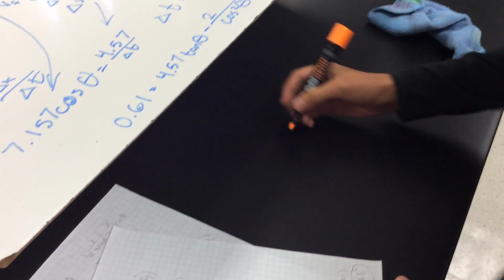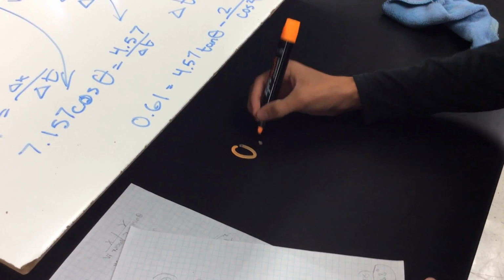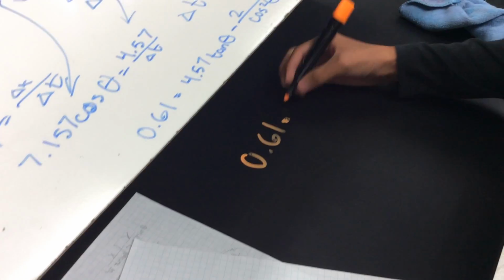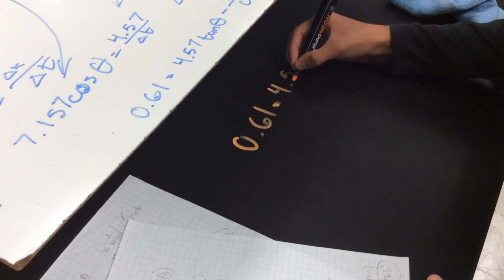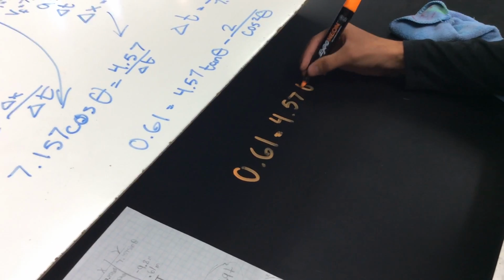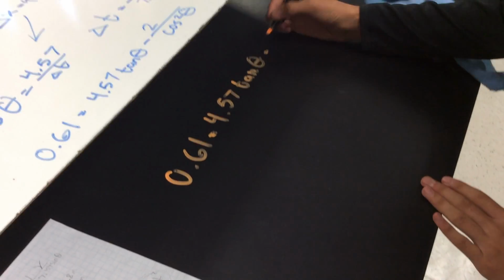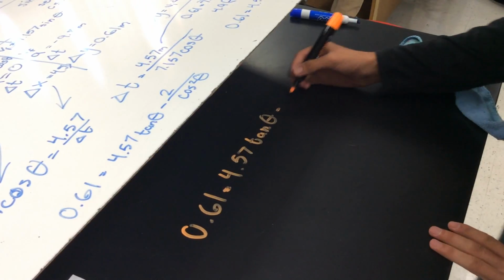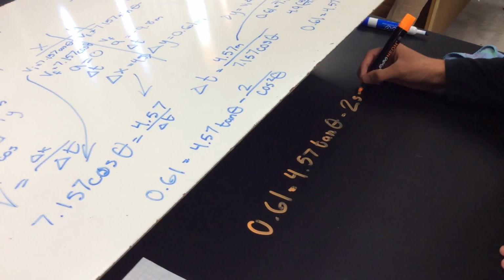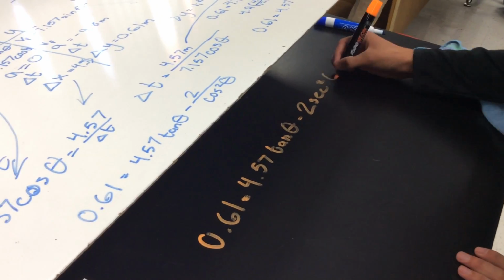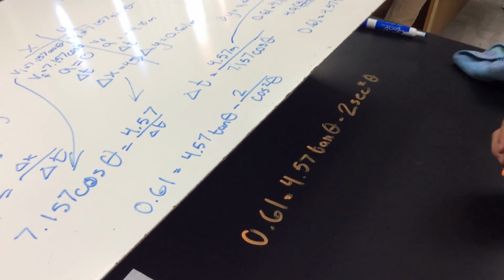Alright, so if you keep simplifying, you're going to have 0.61 equals 4.57 tangent theta minus 2 secant squared theta, because that's another trig identity.